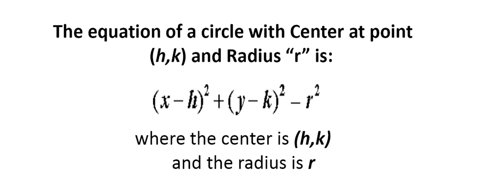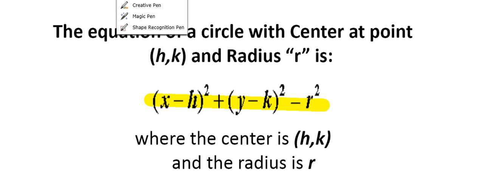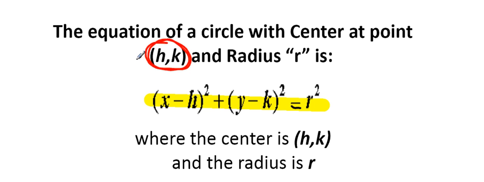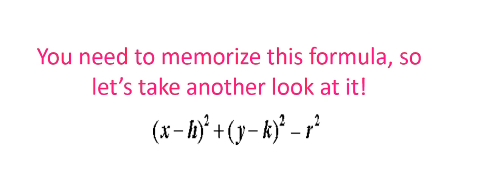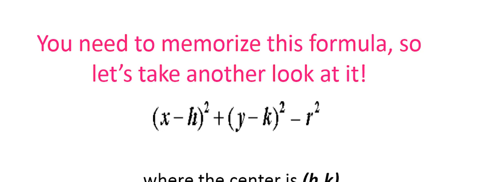It says x minus h quantity squared plus y minus k quantity squared equals r squared. And this is for when the circle has its center at the point whose coordinates are (h, k) and with a radius of length r. Now, that said, you do need to memorize this formula.